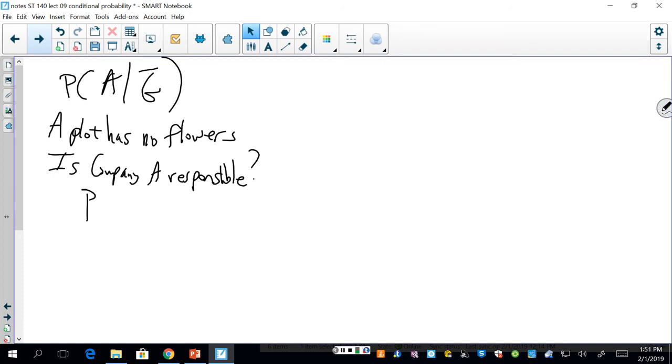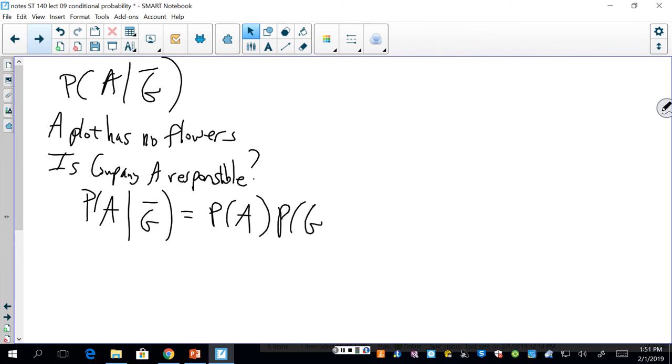So we calculate the probability that A did it, given that it's not growing. So it's going to be a reversal of the probabilities like before. You can go through the steps, but the numerator is going to be reversing things. The denominator now is the chance that you don't grow.